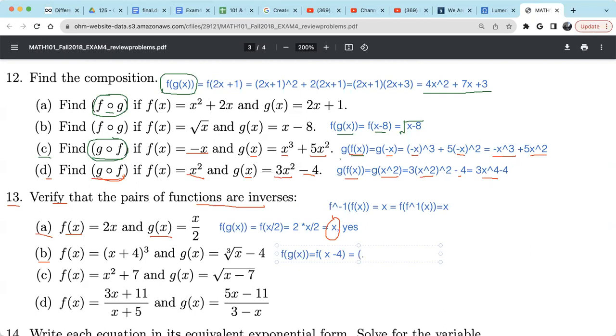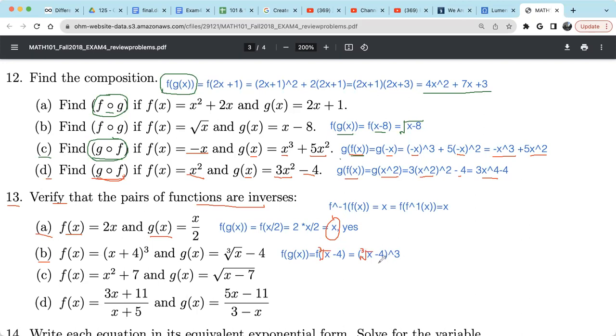So I have the cubic root of x minus 4, raised to the 3rd. Now let me put in a cubic root, use pen. So g is defined as the cubic root of x. So I have index 3 here, minus 4, raised to the 2nd.